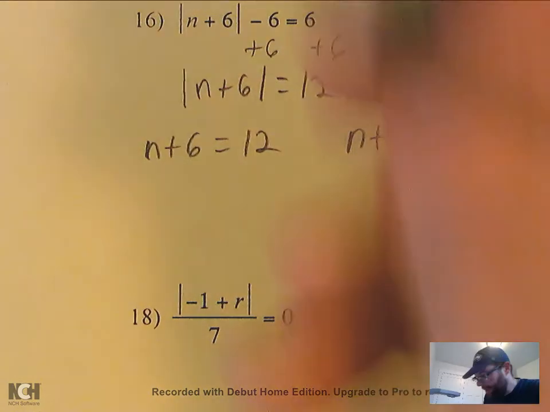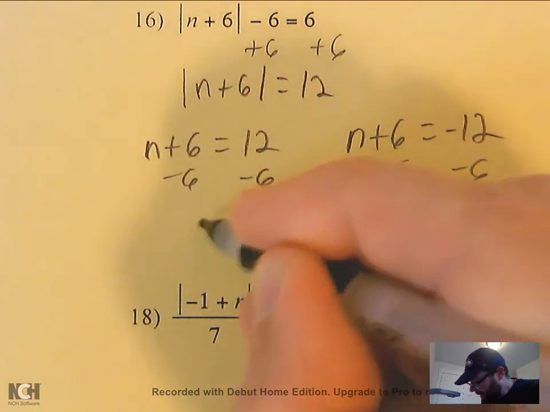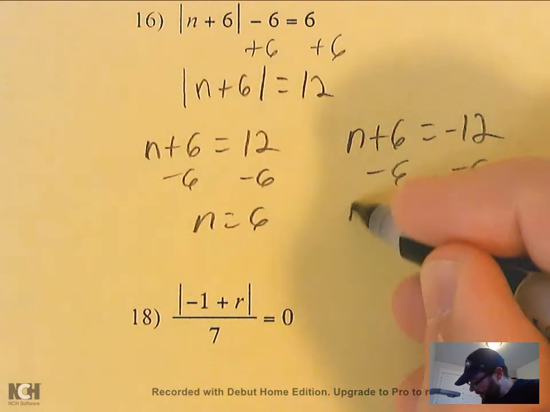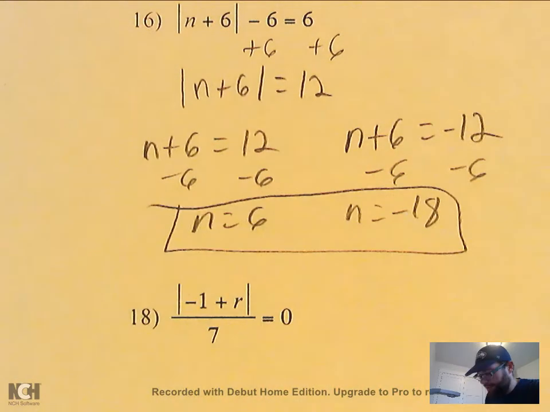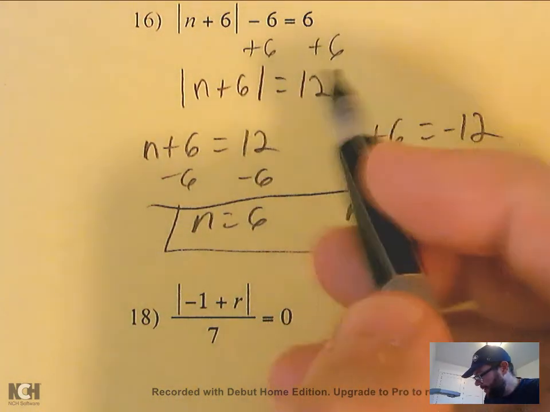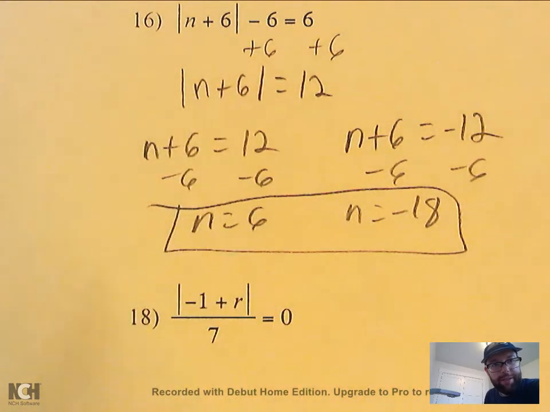And then you would just minus 6 to both sides. n could equal 6 or n could equal negative 18. Both answers have an absolute value of 12 when they're inside that n plus 6.